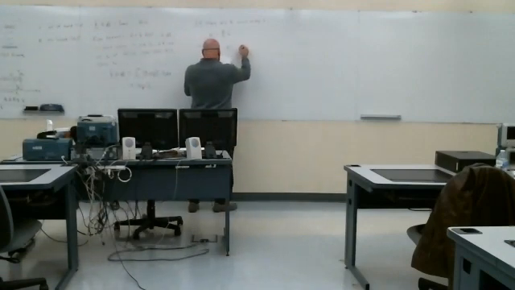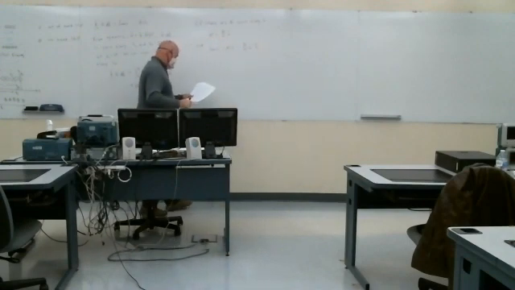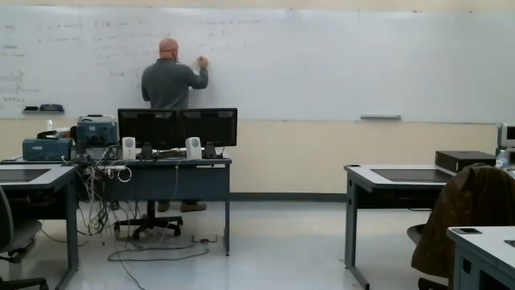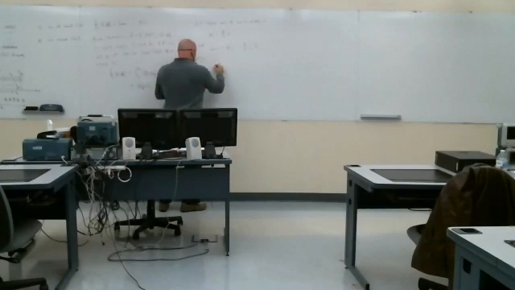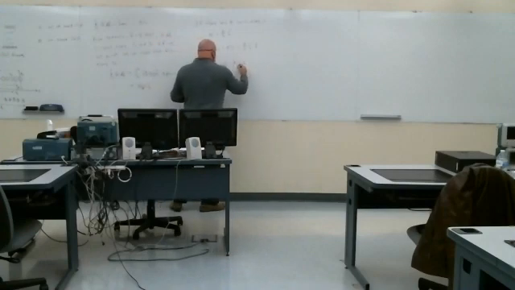or N over L times L prime times I. Finally, back to Ampere's circuital law, equating the two sides, I've got H rho L prime is N over L times L prime times I. And so I cancel my L primes.